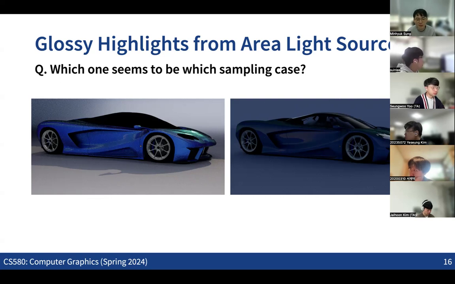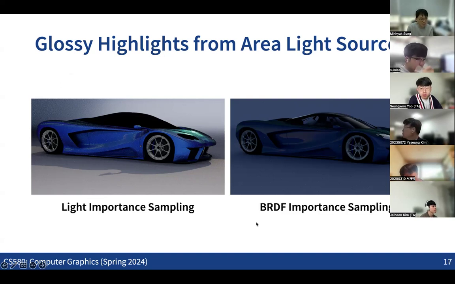These images show that neither of the two is the ideal sampling strategy in this specific case. When you choose one of the sampling strategies, you get different outputs, as you can see here. The left is the case where we are using light importance sampling.